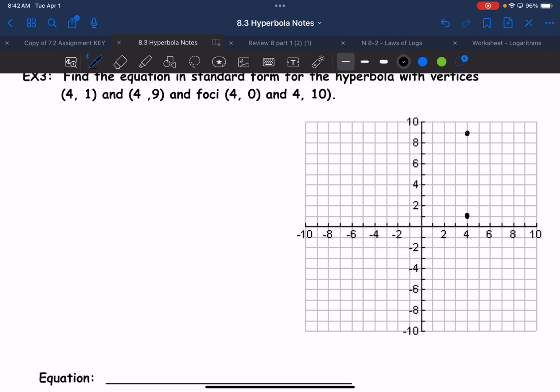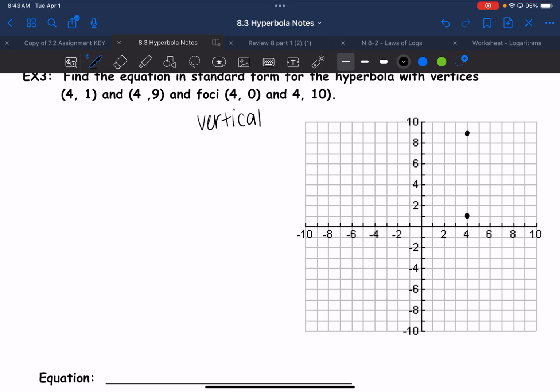If my vertices are on this vertical line, that tells us that we have a vertical hyperbola, which means that y goes in the first fraction and x goes in the second fraction, right?